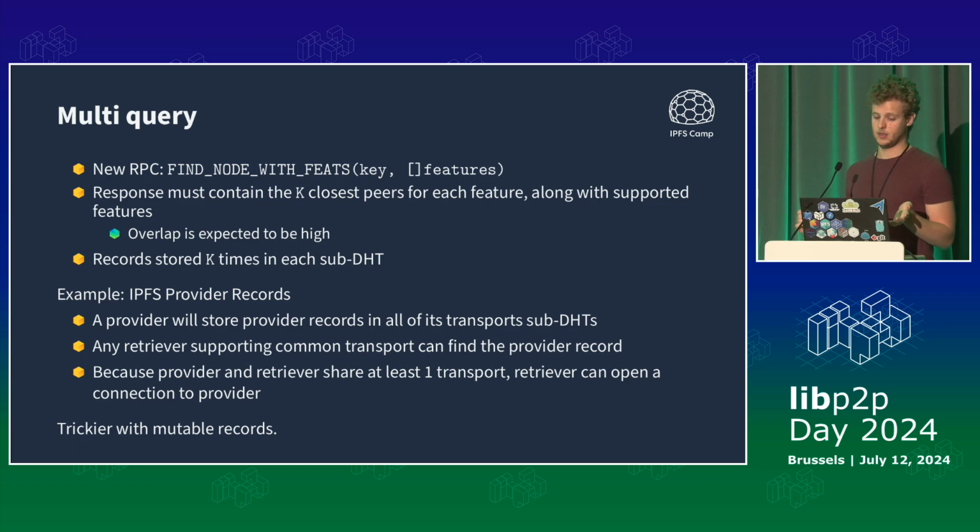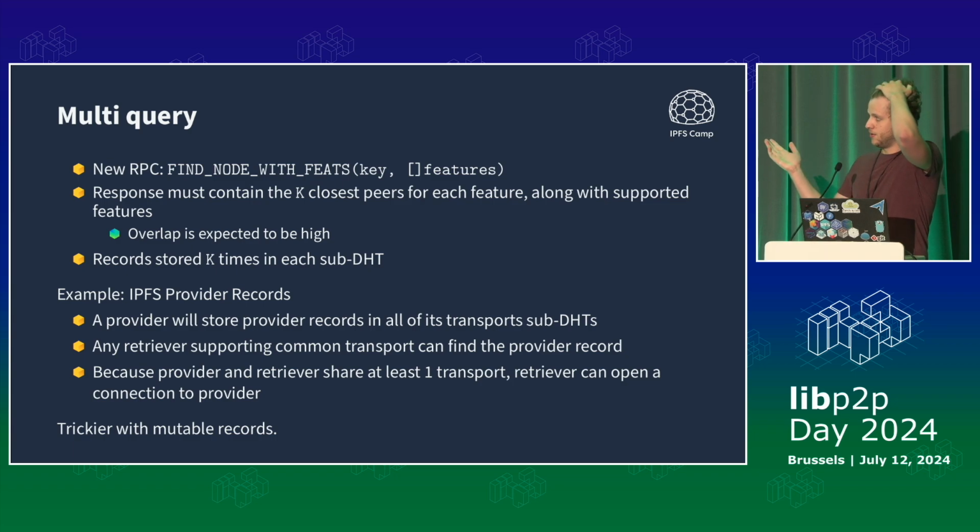So instead of a response of 40 nodes, I may have a response of 24 nodes. Say that most of them are running both IP4 and IP6, and some of them are running just IP4 and some just IP6. And I will effectively have all the closer nodes for both of these transports, and I will be able to write my provider records there.